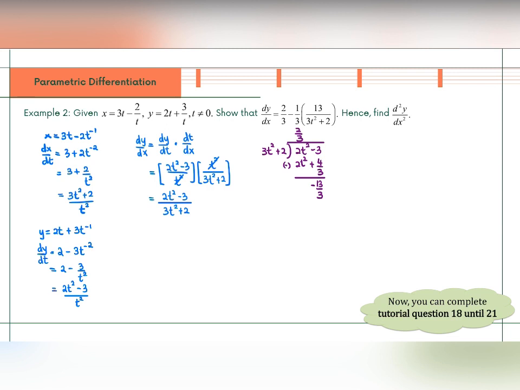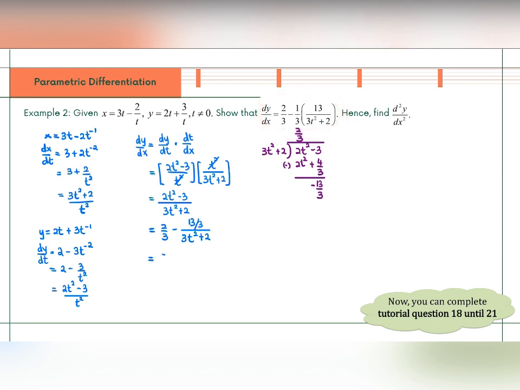So, macam mana kita nak rewrite semula? So, dy over dx will be equals to, ni adalah kita punya qx plus rx over dx. So, qx is 2 over 3 minus remainder over 3t squared plus 2. So, kita dah menghampiri this form.